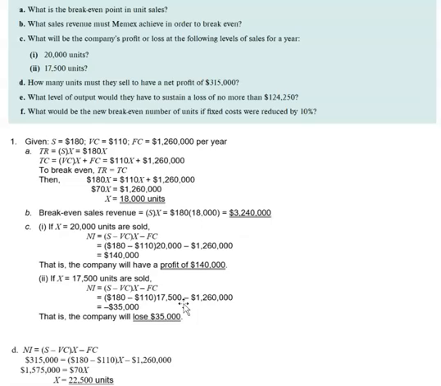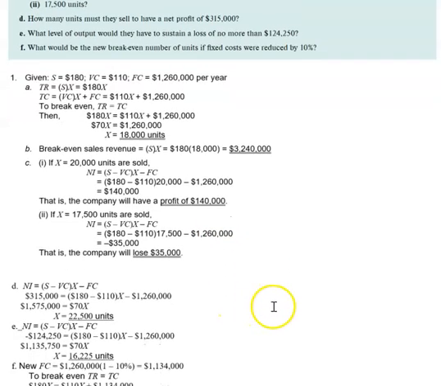Subtract off 1,260,000, and that gives us a loss of 35,000. Okay.